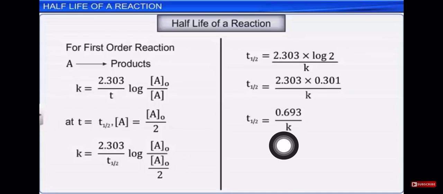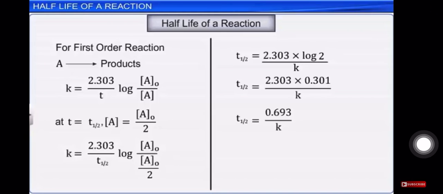Now when we are saying this, T half is equal to 0.693 by K. Here you see that it is not depending upon your initial concentration. You cannot see initial concentration of A, right? That means our zero order reaction is dependent upon the initial concentration, but the first order reaction is not dependent on initial concentration.